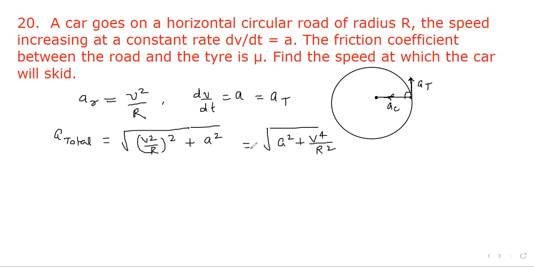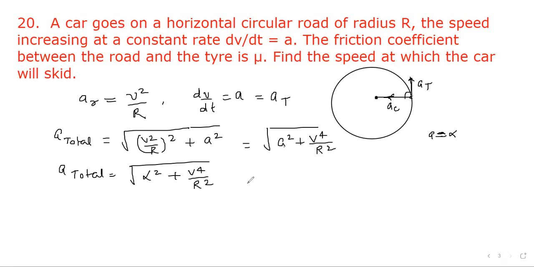Here, we can do one thing. In place of a, if we write alpha, it will be clear, so we can easily distinguish. So a total we can write as square root of alpha square plus v power 4 divided by R square.